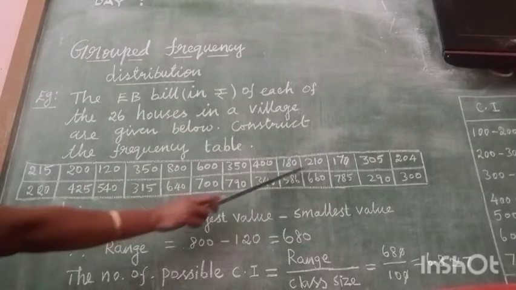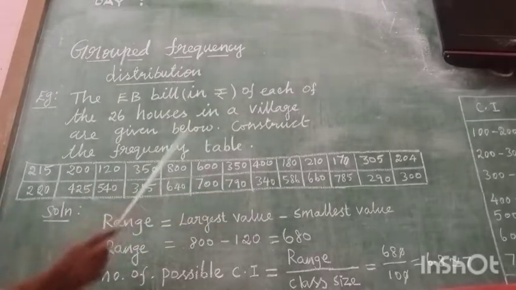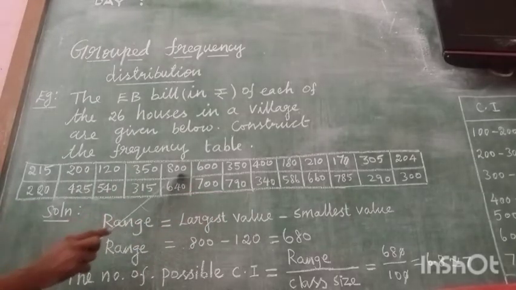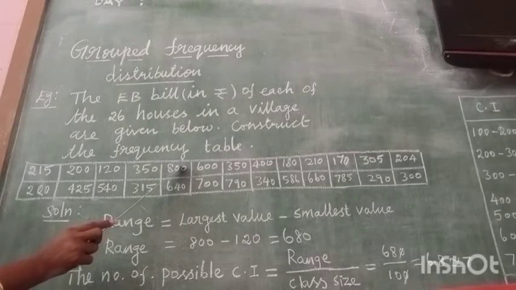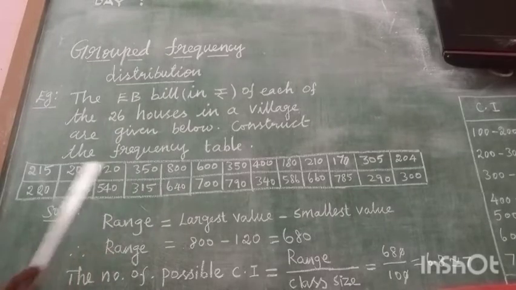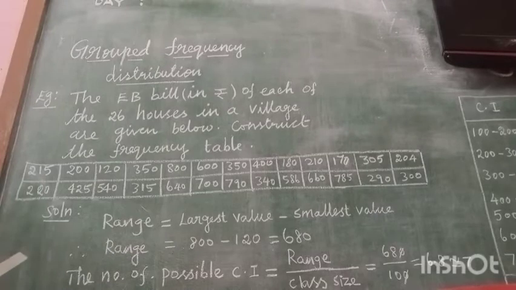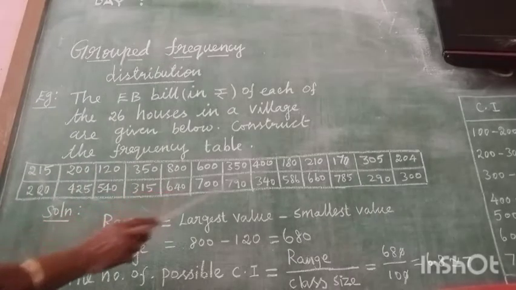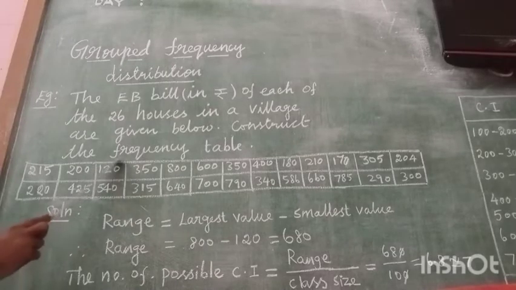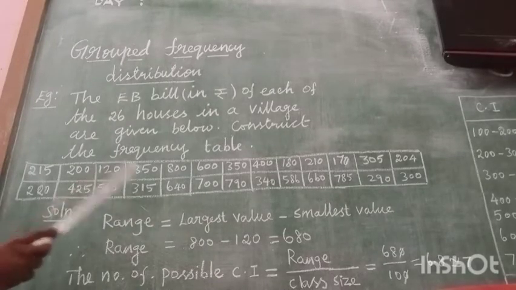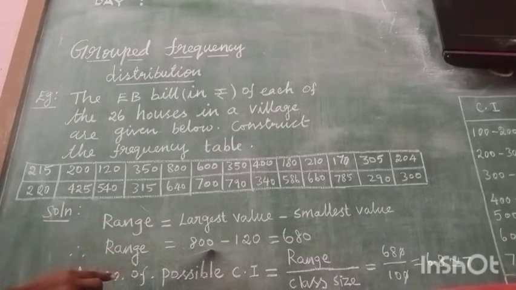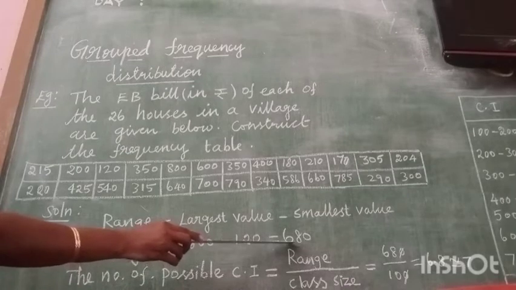The smallest amount is 120. So range is 800 minus 120, that is equal to 680.